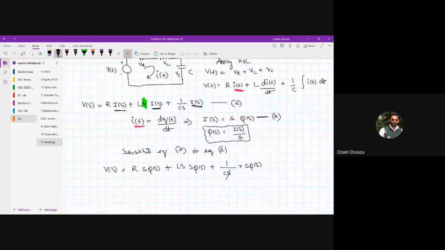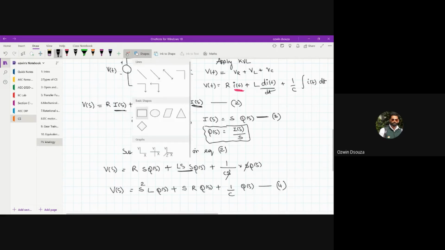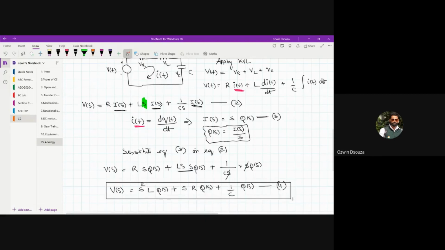Okay, so this s gets cancelled, and you will get V of s is equal to Ls into s, so this becomes s square into L into q of s, plus you have s to the power 1, so this becomes s into R into q of s, plus a term independent of s, so 1 by C into q of s. Let us consider this as equation 4. And let us highlight this particular equation.